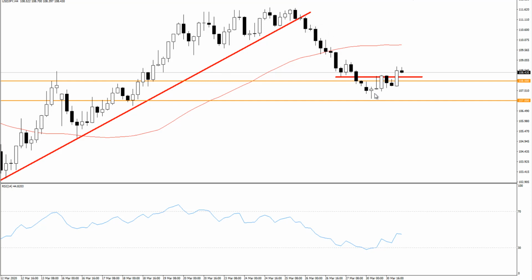We corrected and potentially now we're coming out of that correction. And if this is anything to go by, we've had support, tested the resistance, now broken the resistance. If we can hold that again, basically hold the 108s, then maybe we can actually get some more upside here, and this previous uptrend can resume.